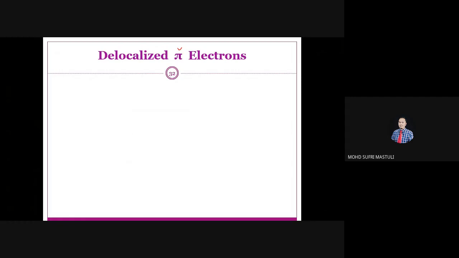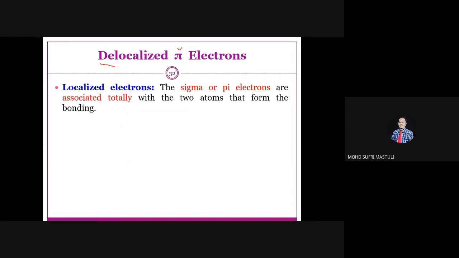So another term is delocalized. What is delocalized? Delocalized refers to the pi electrons not being static in the same position. The pi electron should be mobilized. The pi electron should be moving around the molecule.